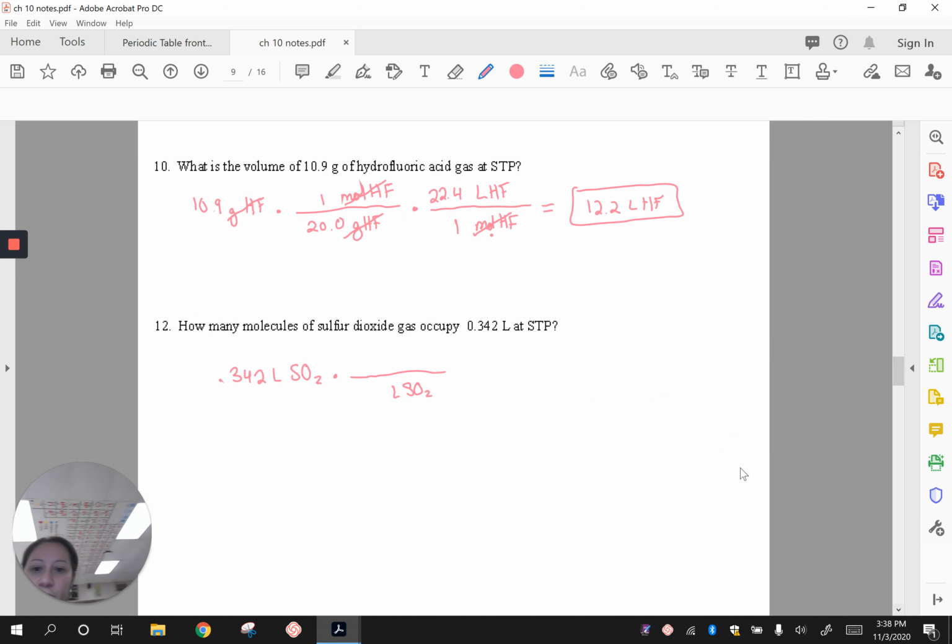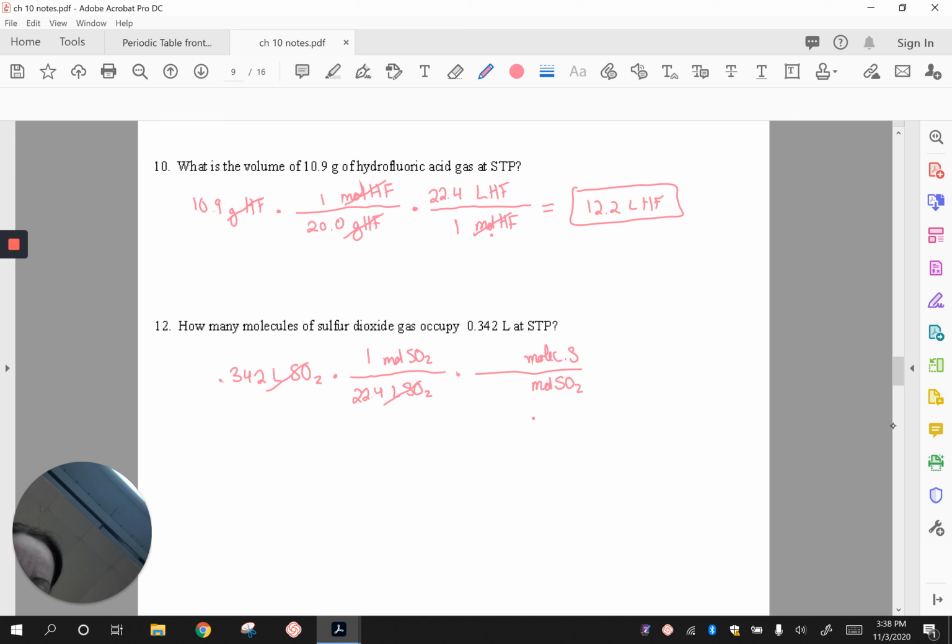So let's do that first. So liters on the bottom, moles on top. And 1 mole of a gas is 22.4 liters of that gas. Liters cancel, I'm at moles now. So now I can go from moles of SO2 on the bottom to cancel to molecules of SO2 on top. And to go from moles to particles, 1 mole is 6.022 times 10 to the 23rd molecules or particles.